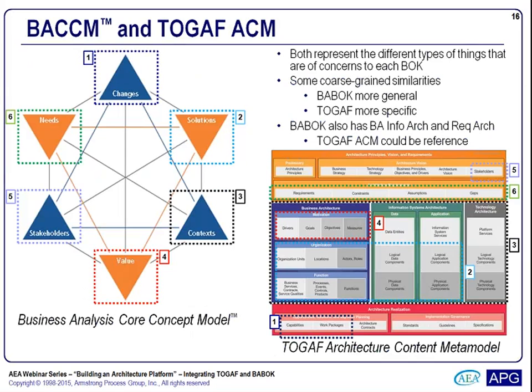So the notion of what are called changes in the BACCM, I think, are mapped pretty well to capabilities and work packages in opportunities and solutions. This notion of solutions in the BACCM certainly refers to the implementation portions of the business and data and application architecture.